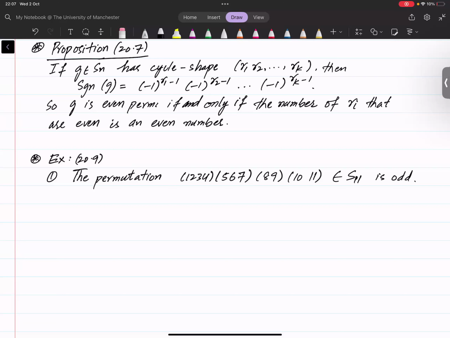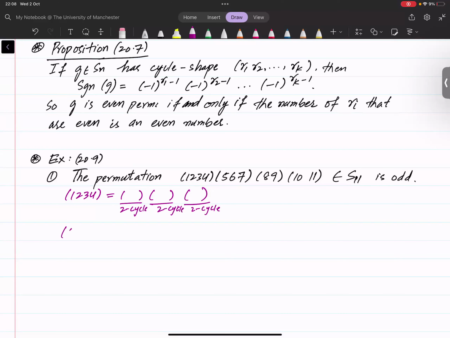Now remember, you can always break a 4-cycle into the product of 3 two-cycles.